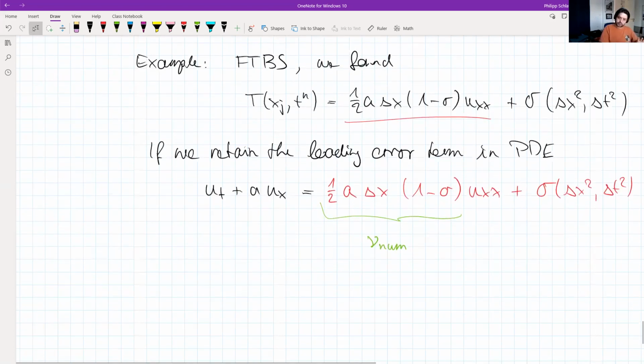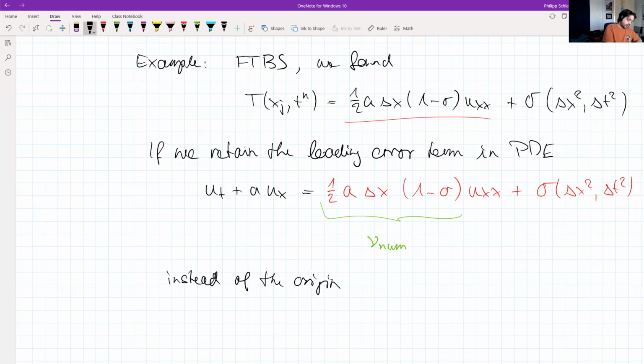So just to make my sentence here complete: if we retain the leading error term in the PDE, we see that this is the equation we solve instead of what we actually wanted to solve, instead of the original PDE, which was simply u_t plus a u_x being 0.